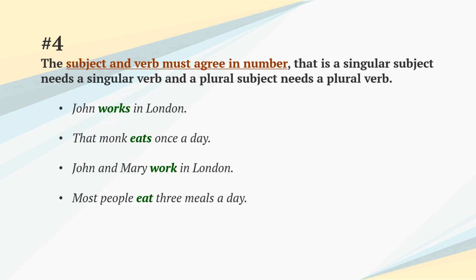Rule number 4, the subject and verb must agree in number. That is, a singular subject needs a singular verb, a plural subject needs a plural verb. John works in London. John is singular, so you need a singular verb. That monk eats once a day.